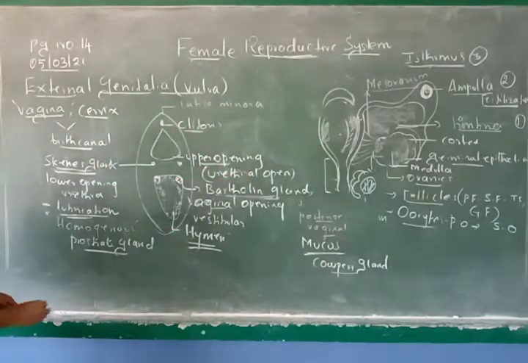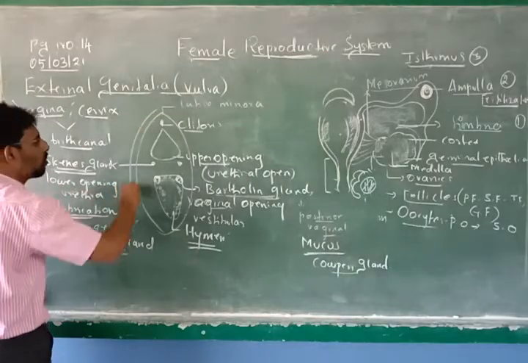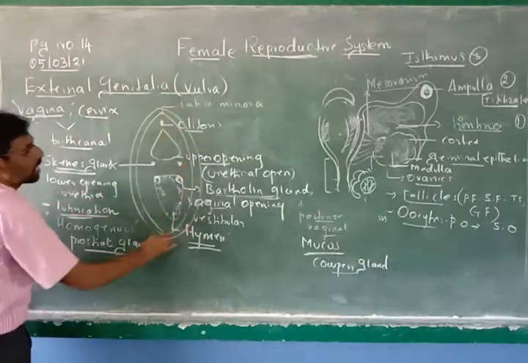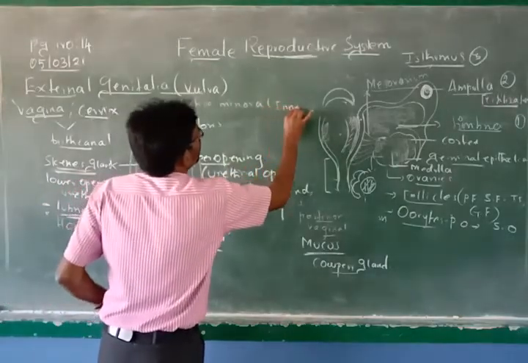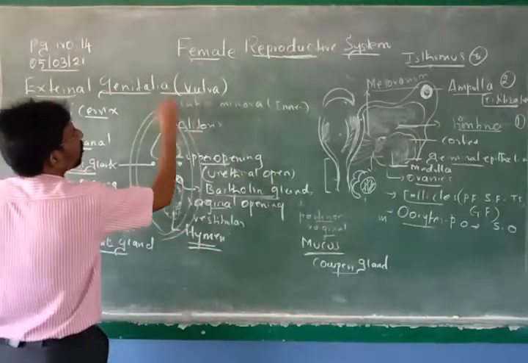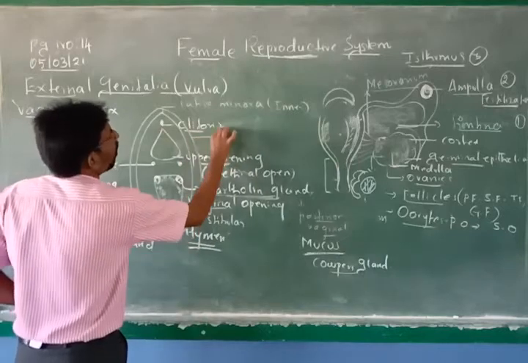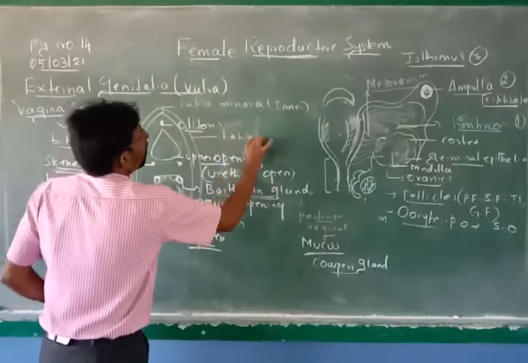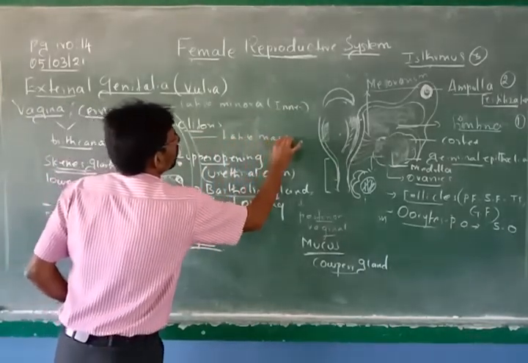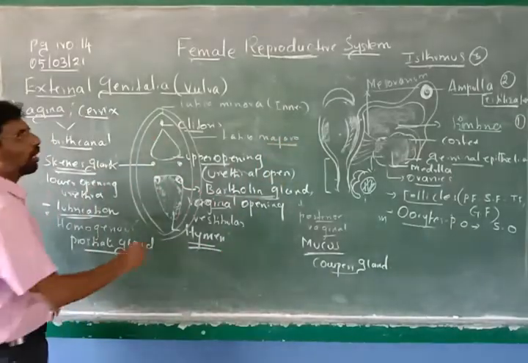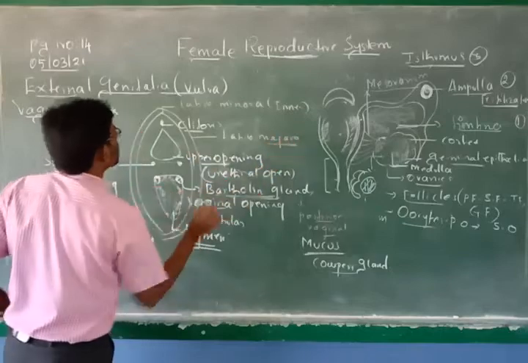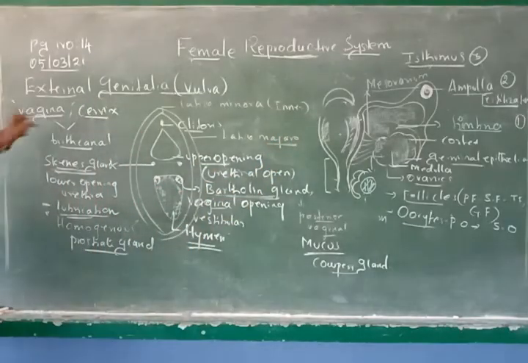Then one more structure surrounds it like this, the outer one, and this is the inner part. Don't forget it. The one surrounded outside is called labia majora. Understand? All these are very important structures in the external genitalia, which is called the vulva.